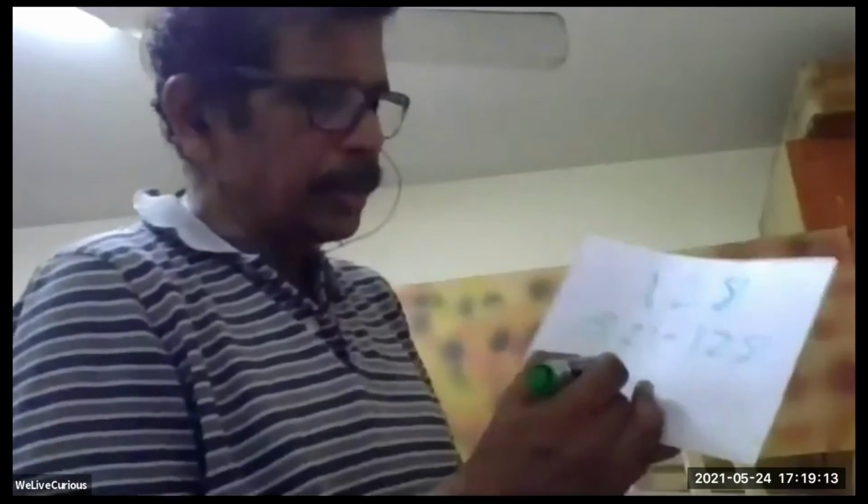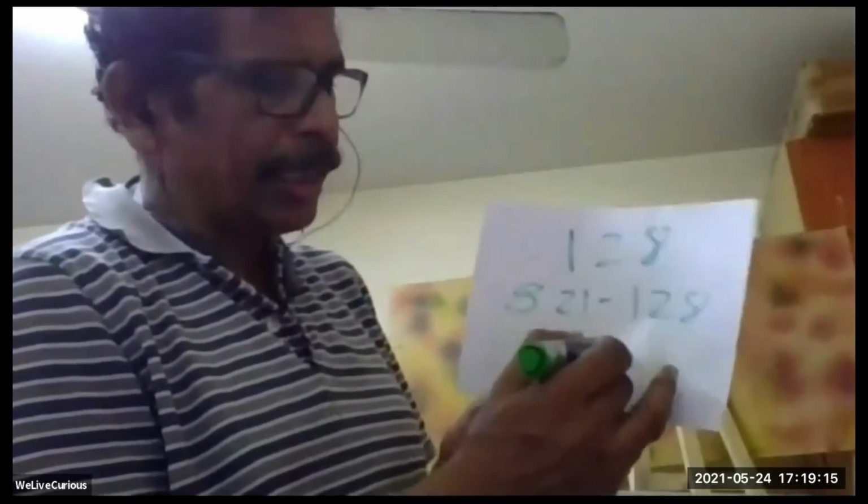Correct. It is also going to 18. 693, 6 plus 9 plus 3. I did 921 minus 129, and then the answer was 792. And then when I added those three numbers, the answer was 18. Again, it is coming to 18.